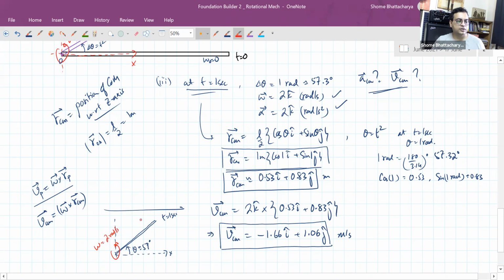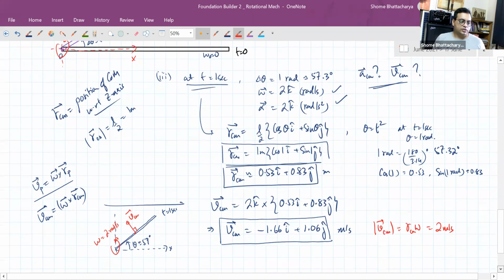So the center of mass's velocity will be in this sort of direction. You can see it has a negative x component and a positive y component. And the magnitude will just be 2 meters per second, but the direction will be like this according to this vector. Okay, so that is about the velocity of the center of mass.